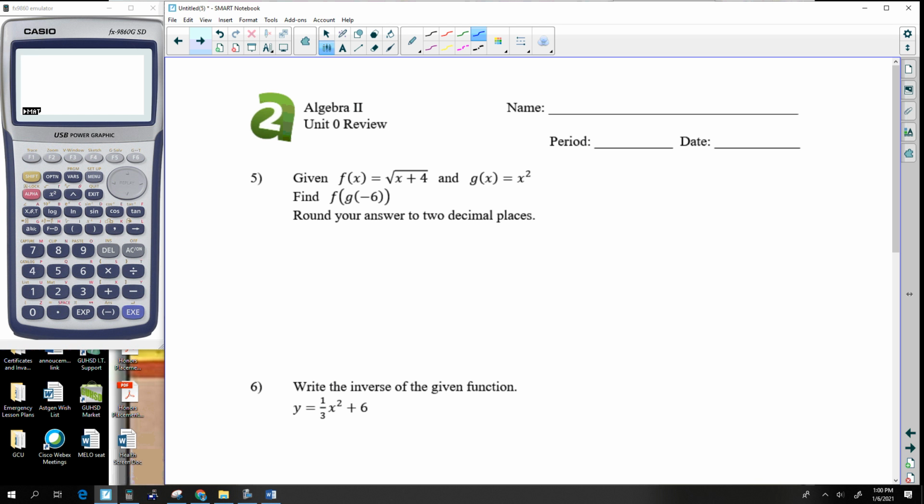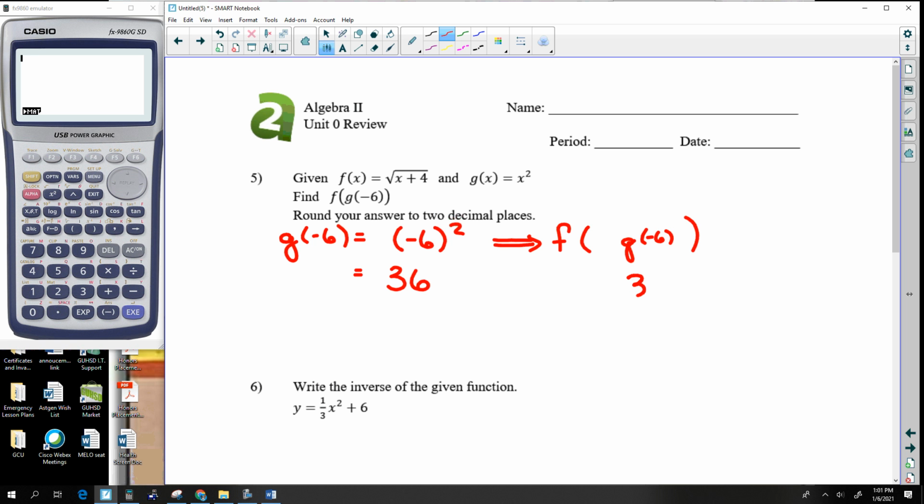All right, something tells me I'm going to probably have to use my calculator in this one. Not a big deal. All right, so the innermost piece is this g of negative 6. So that is negative 6 squared. Again, make sure you use parentheses, and that will come out to be a positive 36. So ultimately, this question is, what is f of g of negative 6? g of negative 6 is the number 36.